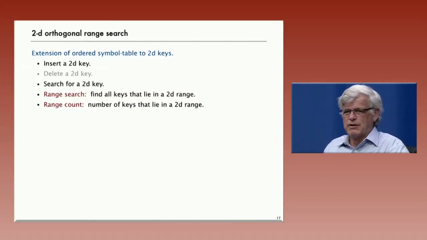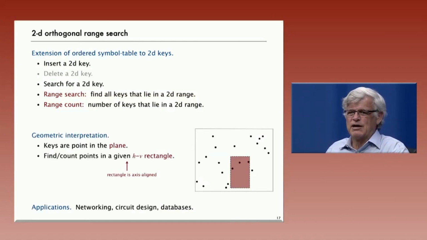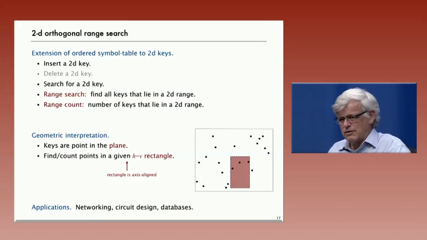So we want to be able to insert and delete points. You can think of a two-dimensional key as a point in a two-dimensional space. And then we want to be able to find all keys that lie within a two-dimensional range. That's a rectangle, as I mentioned at the beginning, or count the number of keys that lie in a two-dimensional range. So again, the geometric interpretation is that the keys are points in the plane, and we have a range; a 2D range is a rectangle oriented to align with the horizontal and vertical axes.